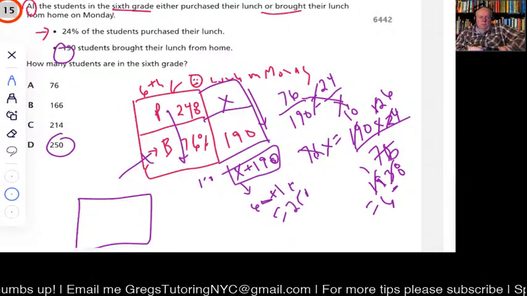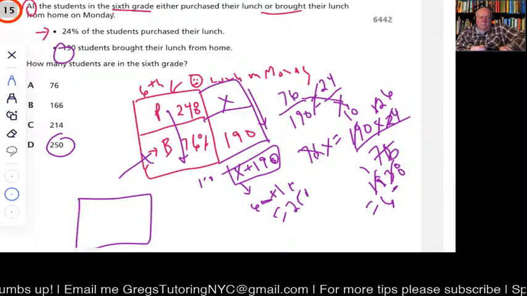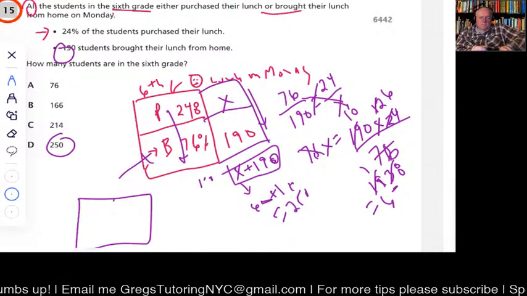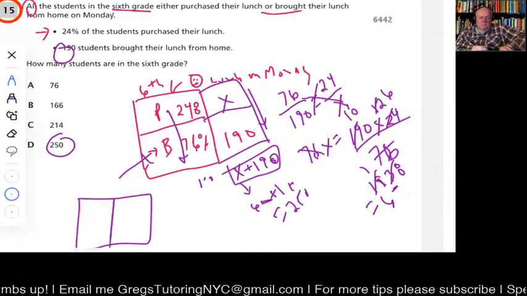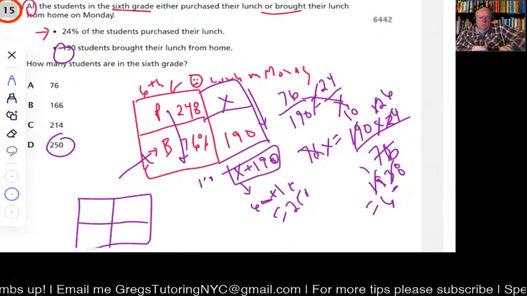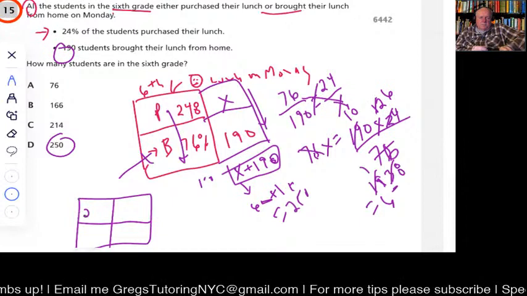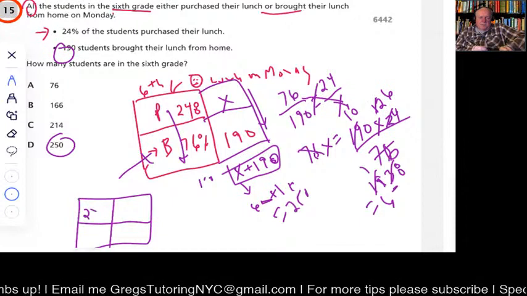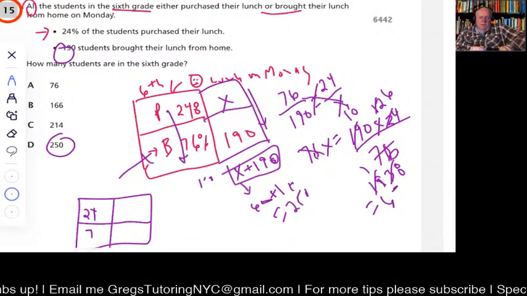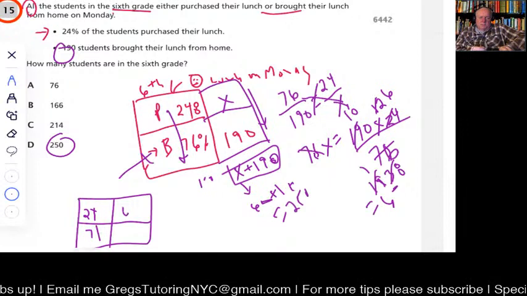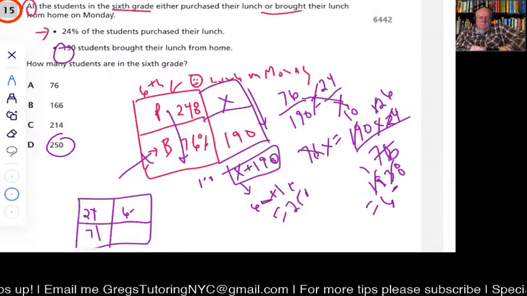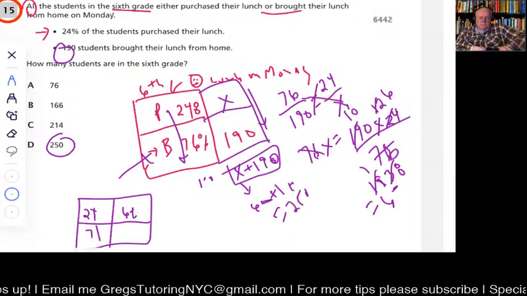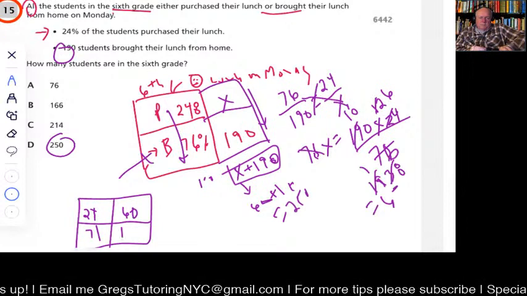So we're going to have the 24%, the 76%, the 60, and the 190.